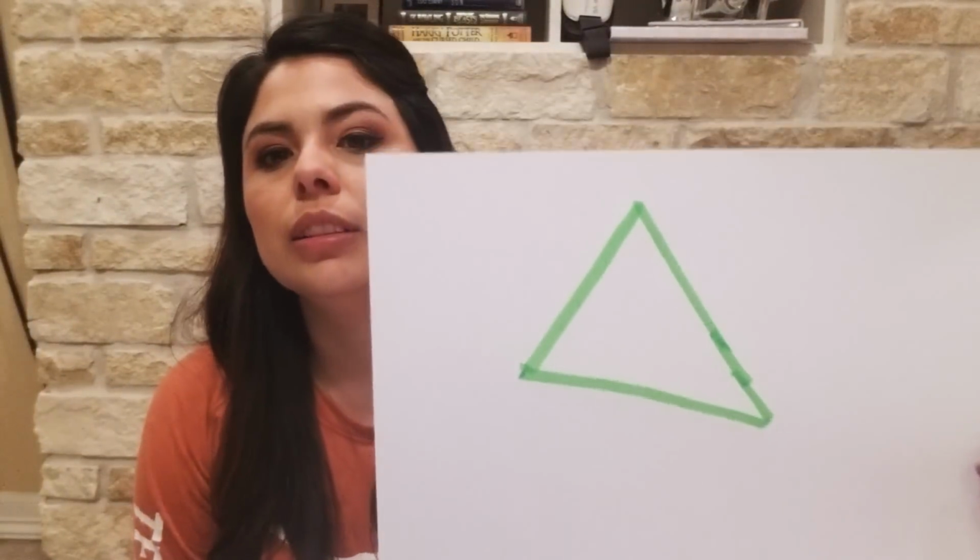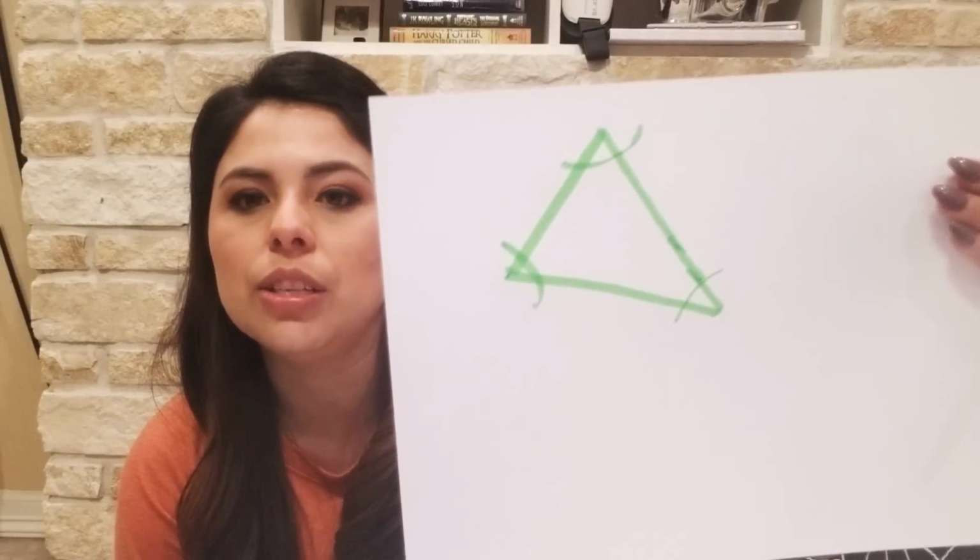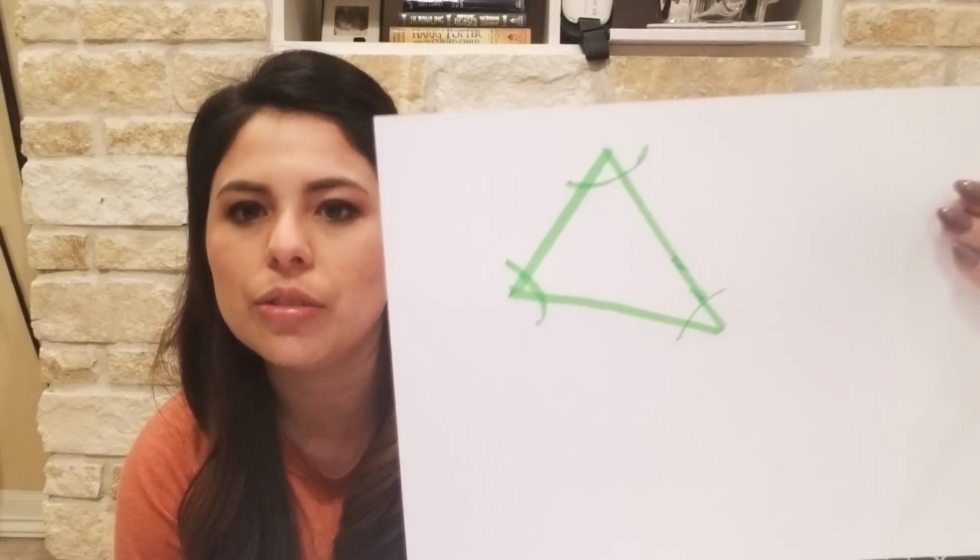Okay, so an acute triangle maybe something like that, okay? All my angles are less than 90 degrees. So I'm just gonna do my little angle symbol that I've been doing, okay? All these angles are less than 90 degrees. Well, they're not exactly the same, but they're less than 90 degrees.